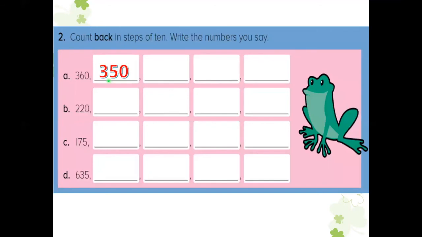Very good. Okay, so that's 340. Next, we have 330. And what's the last number? 320. So for letter B and letter C and letter D, answer it on your own.